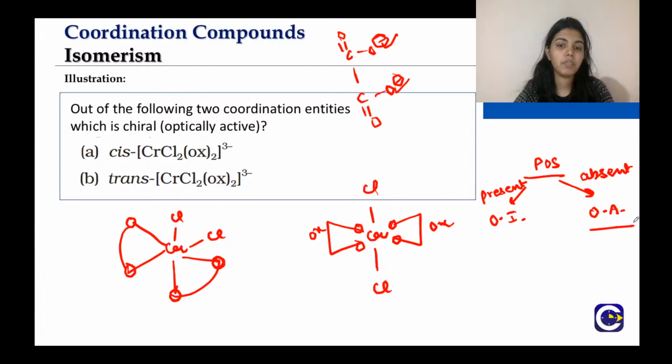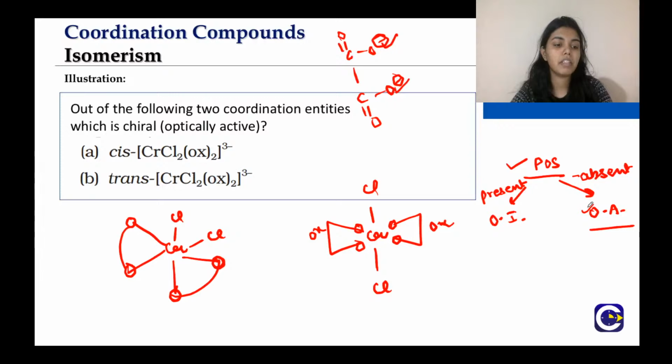Anyone with the answer? Which one is optically active and which one is not optically active? You can find out using plane of symmetry. If there is a plane of symmetry passing, then it is optically inactive, and if there is no plane of symmetry, then it is optically active.